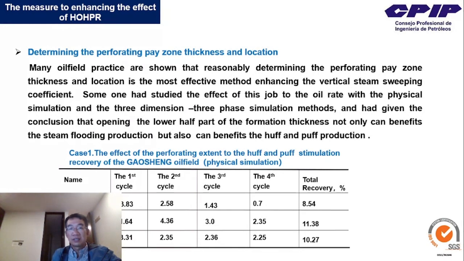Someone had studied the effect of this on the oil rate with the physical simulation and the three-dimension, three-phase simulation method, and had given the conclusion that opening the lower half part of the formation thickness can benefit not only the steam flooding production, but also the huff and puff production.